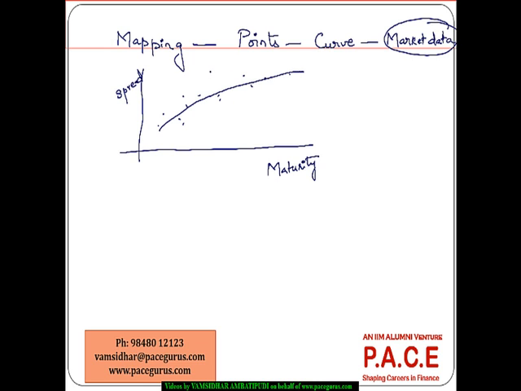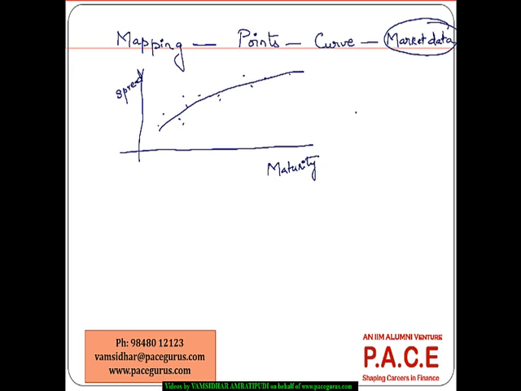We take a number of points at different maturities and come out with a best fitting line. It could be a best fitting curve which passes through a good number of points.